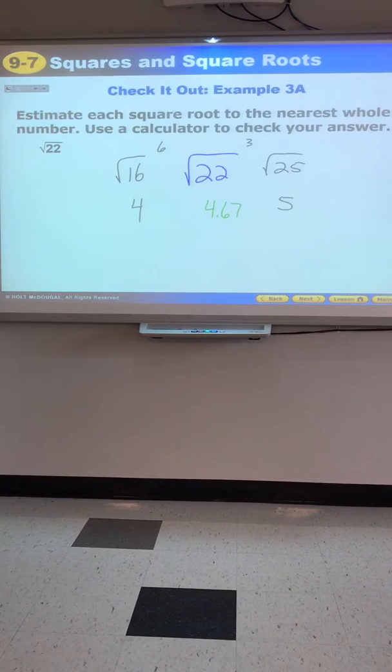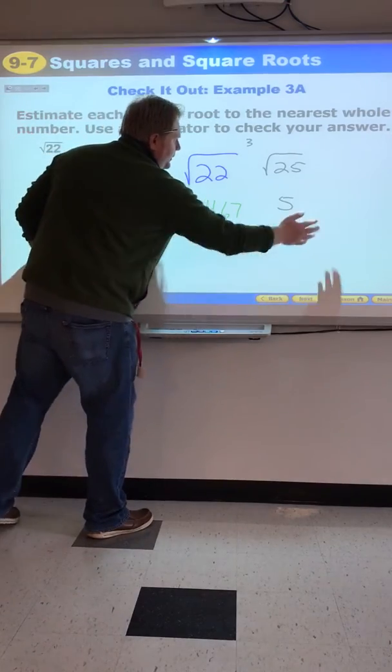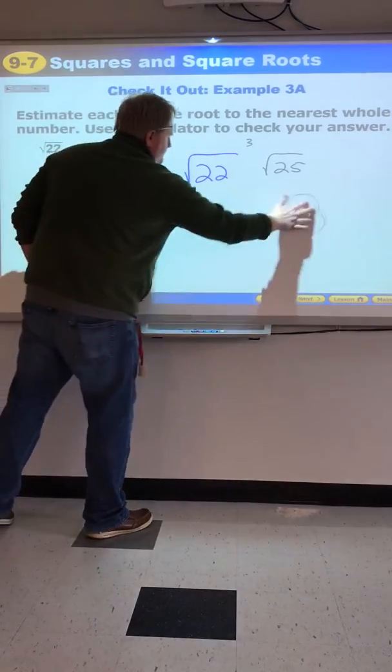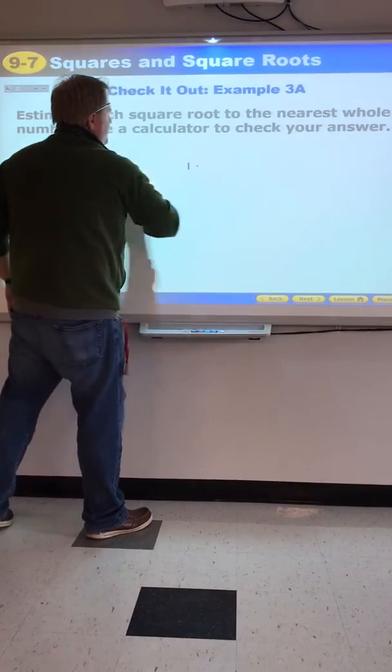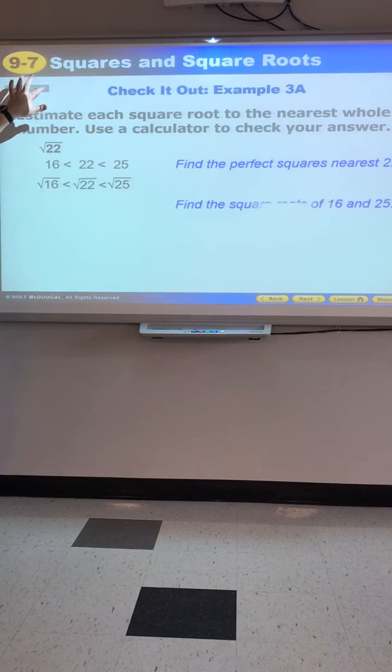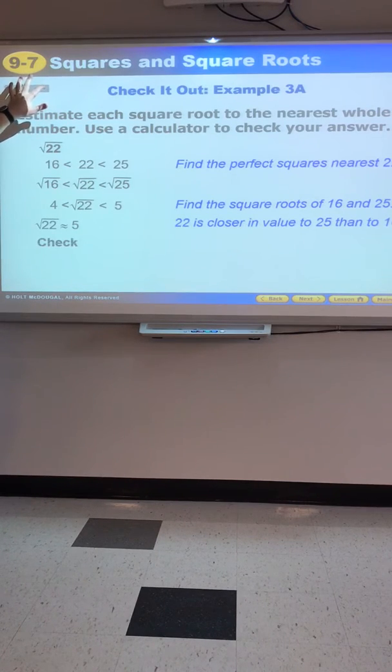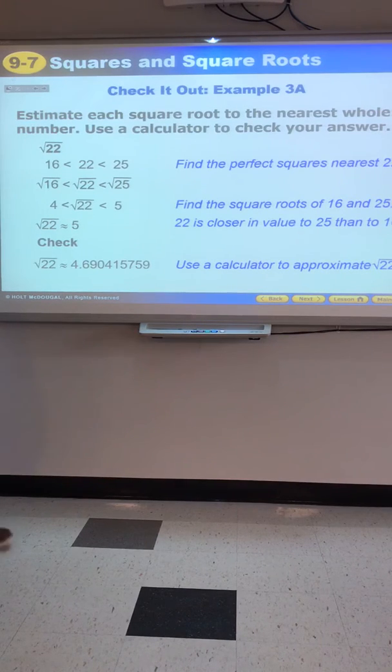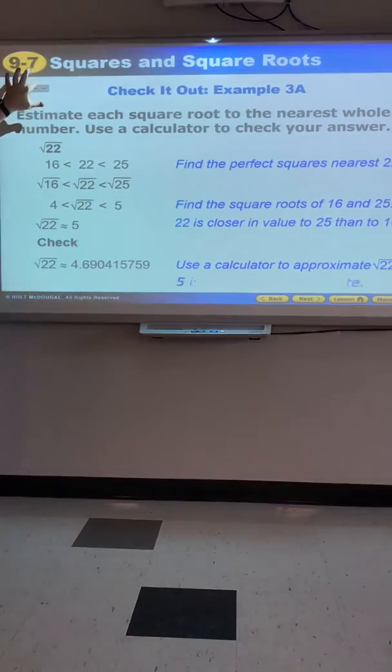A little bit above half, probably more like 4.7. We'll see what numbers they come up with. All right? When we use a calculator, 4.69, off by 2 hundredths.